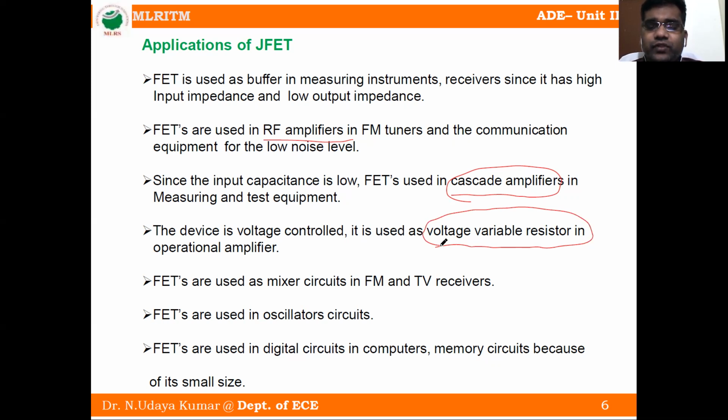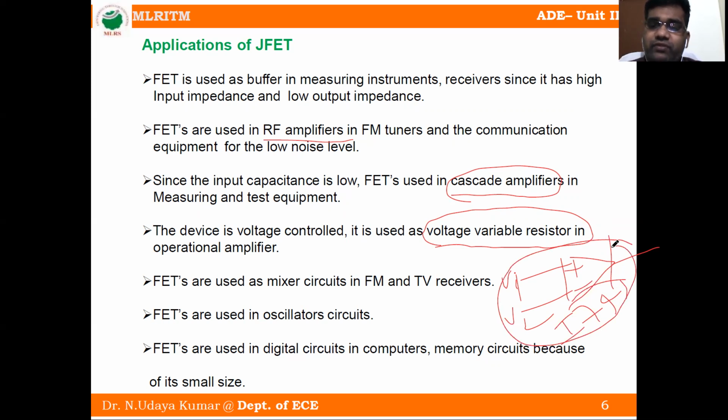Okay, the operational amplifier symbol is like this. This is the inverting and non-inverting terminal. These are the input voltages V1 and V2, two input voltages, and we get one output. One IC is there, IC 741. This is called an operational amplifier. We will see it in a coming semester.